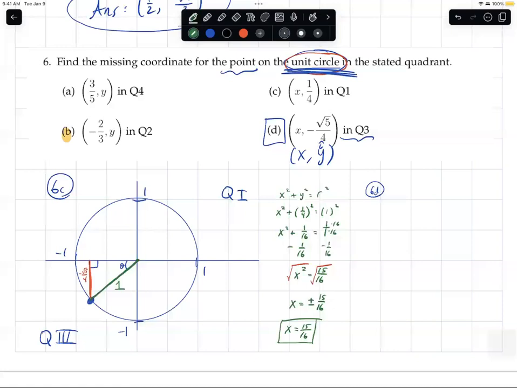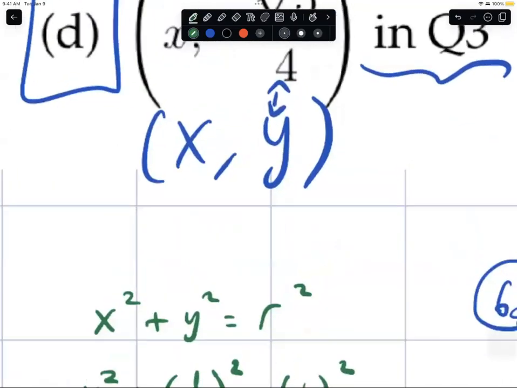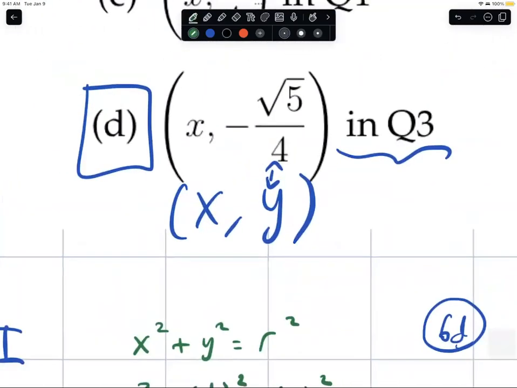How did you know that negative square root 5 over 4 would be the opposite, and 1 would be the hypotenuse? Well, okay, so let's start with the negative square root of 5 over 4. That one is essentially given in the problem here. Notice it's in the second coordinate, right?